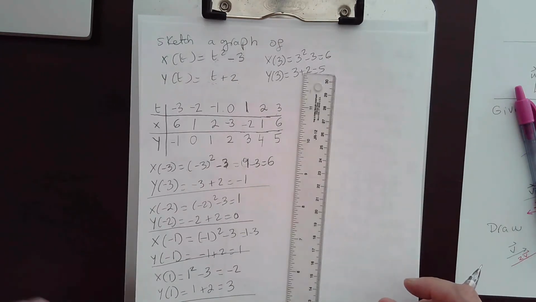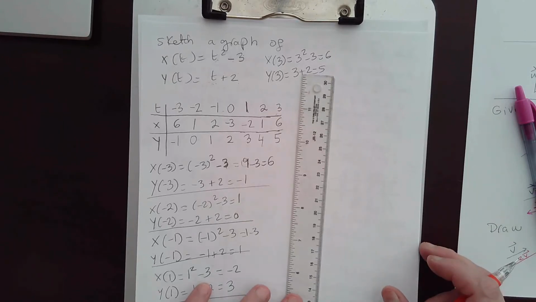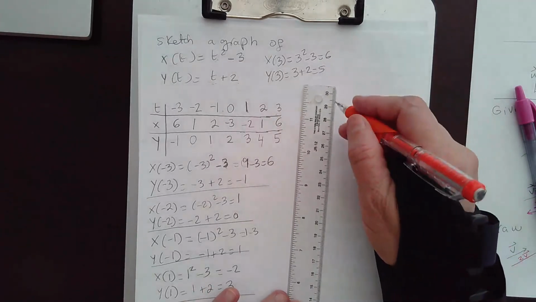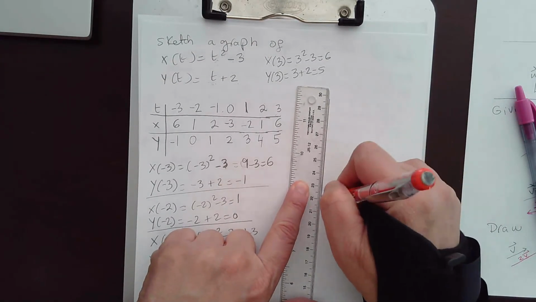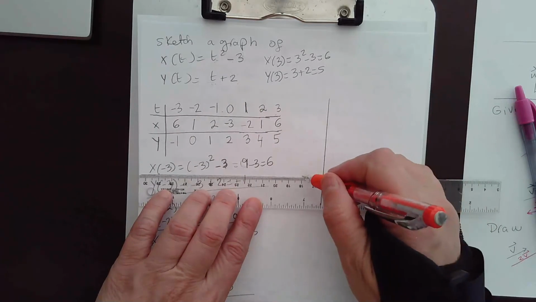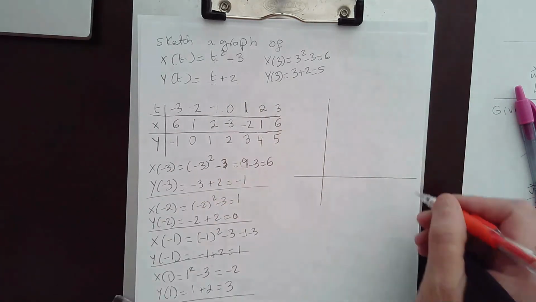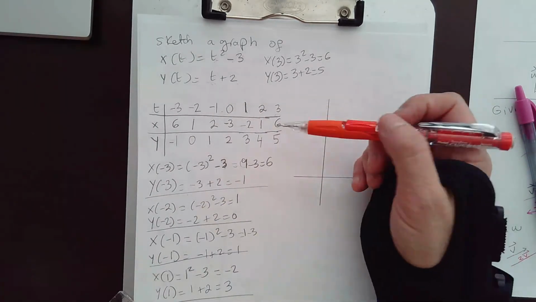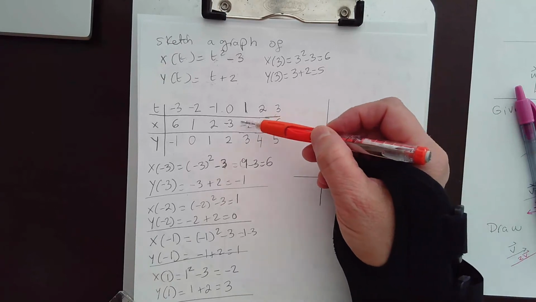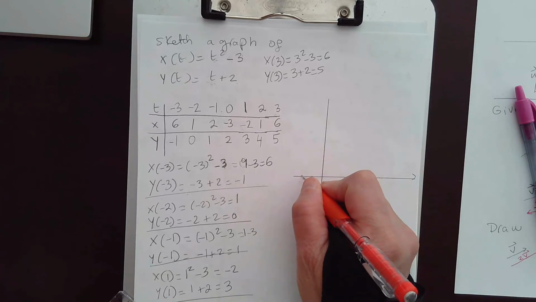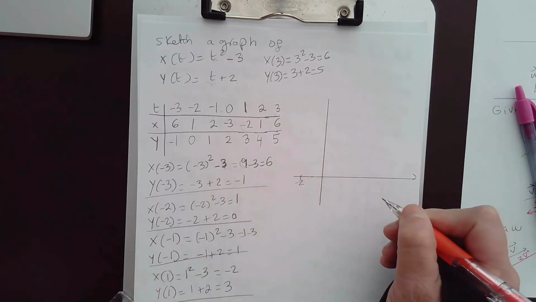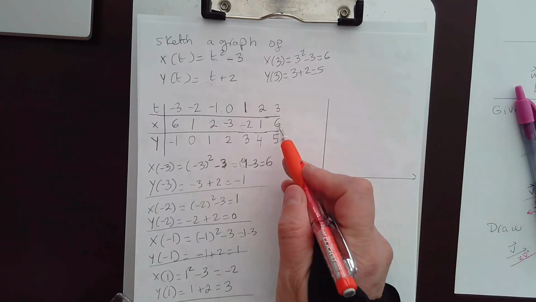Okay, so let's go ahead and graph this. Let's take a look. The smallest x value is negative 2, so we don't have to go by far here. So you have negative 2 here. And the largest x value is 6.